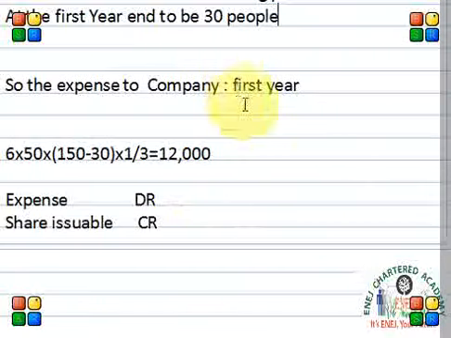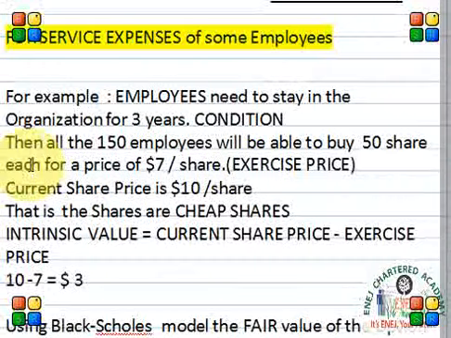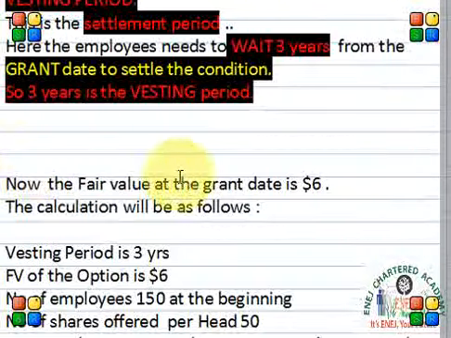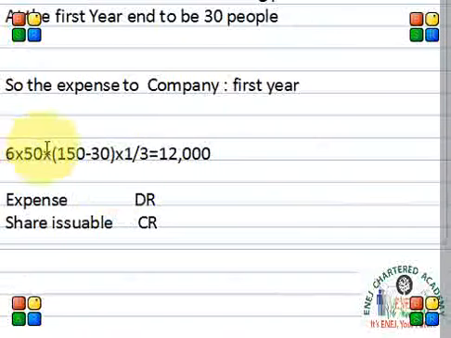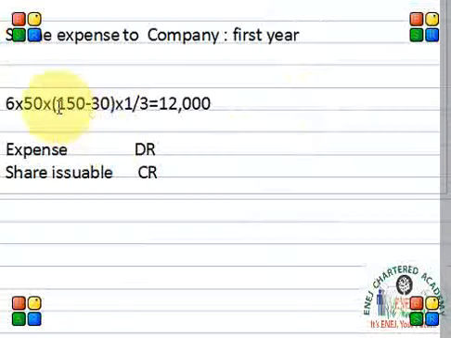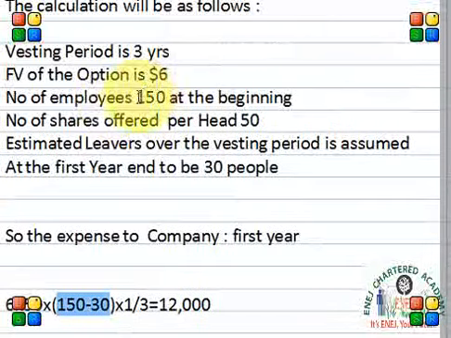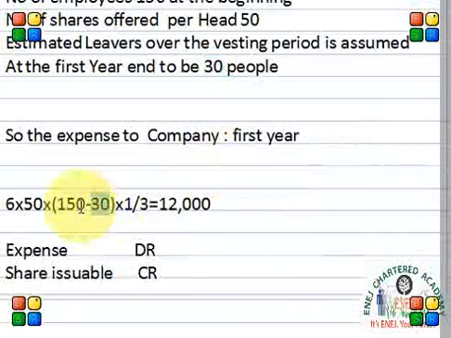So the expense to the company for the first year will be: 6 is the fair value at the grant date, 50 is the number of shares offered per head, multiplied by persons remaining in the company. 150 was the total number of employees, and we are expecting 30 people will leave, so they will not fulfill the condition and will not take this benefit.